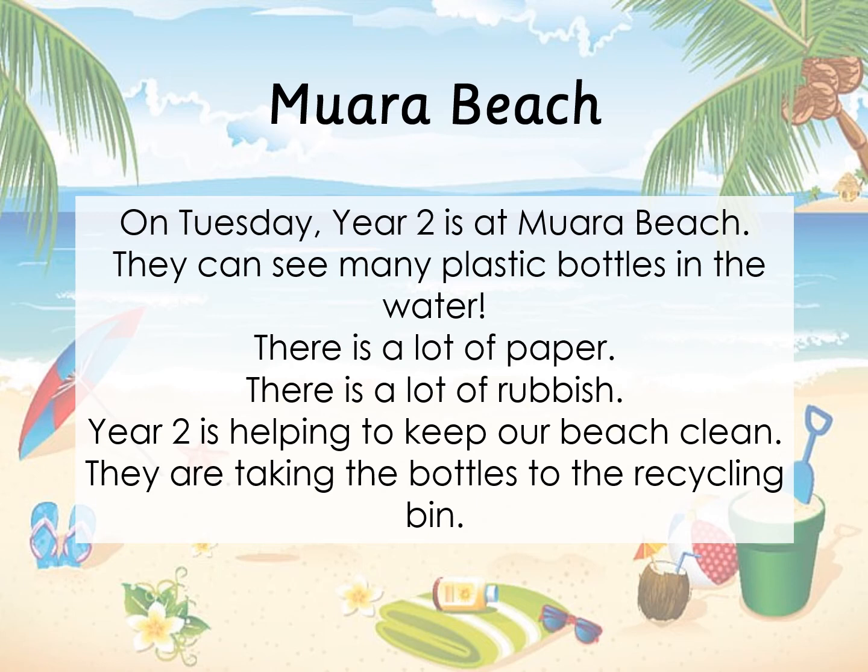They can see many plastic bottles in the water. There is a lot of paper. There is a lot of rubbish. Year 2 is helping to keep our beach clean. They are taking the bottles to the recycling bin.